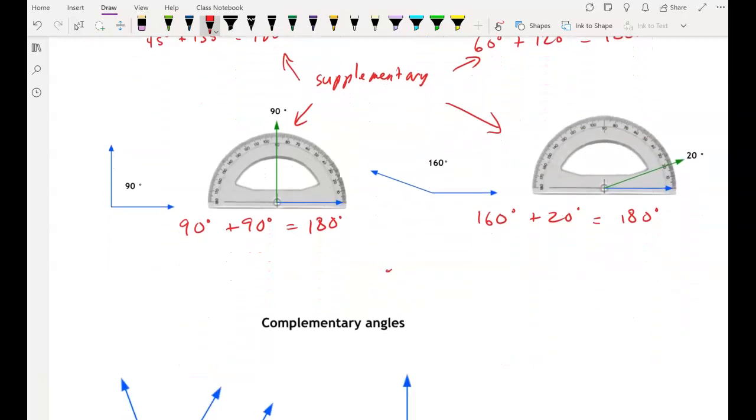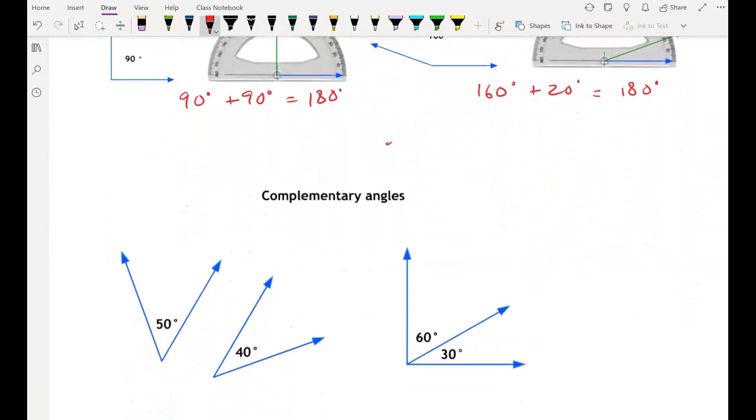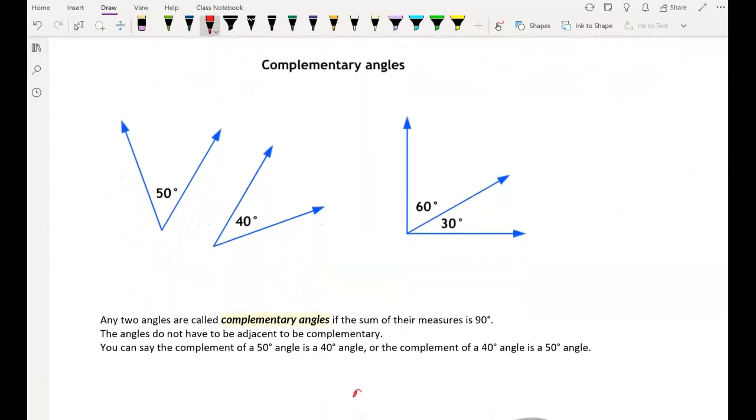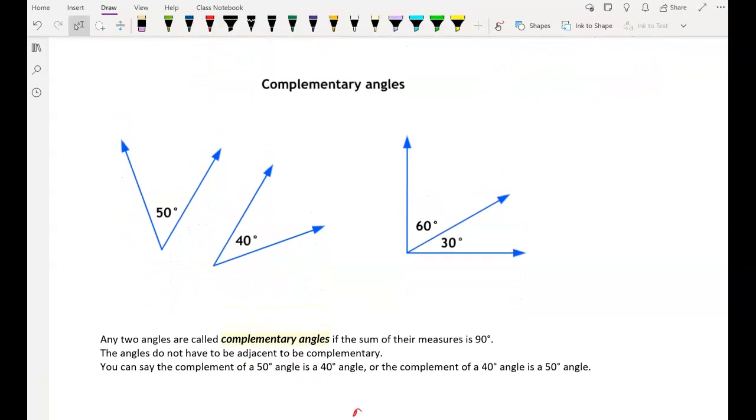Easy stuff. Now there's another type of angles that you can set up in pairs, and they are called complementary angles. Now those aren't angles that are really nice to say, hey, I like your shoes. That's not the kind of compliment we're talking about. Any two angles are called complementary angles if the sum of their measure is 90 degrees. If you can add their measures together and equals 90 degrees, then they are complementary.